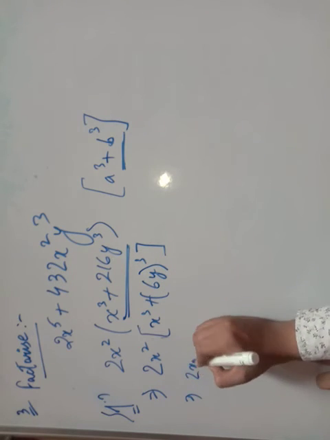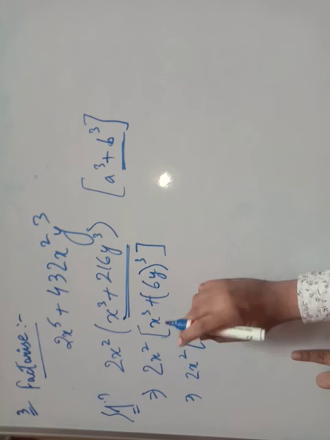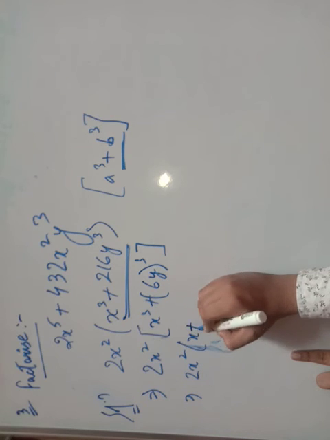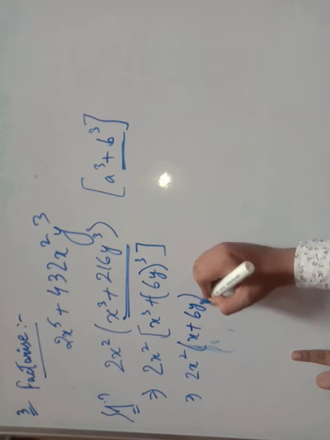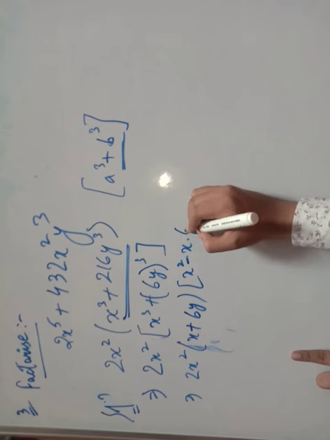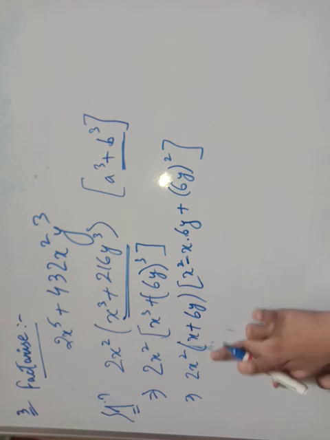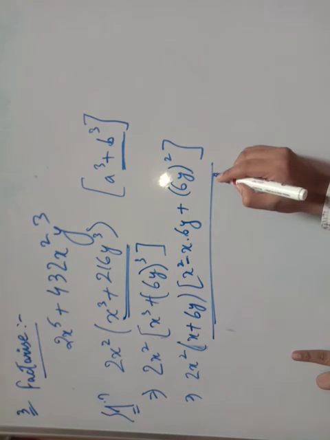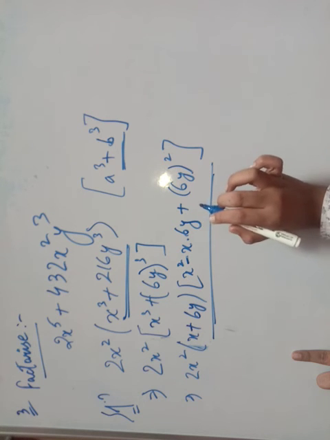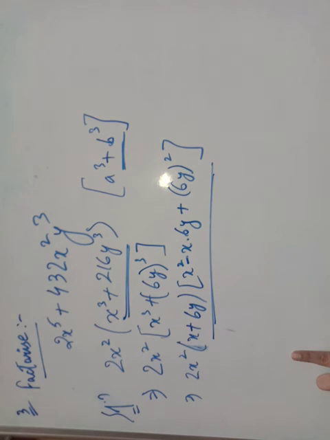Now we can write it as 2x square whole, (x plus 6y) big bracket x square minus x into 6y plus (6y) whole square. This is not very hard. This is just the identity which we have used, that is a cube plus b cube is equal to (a plus b)(a square minus ab plus b square). So we have used this identity.